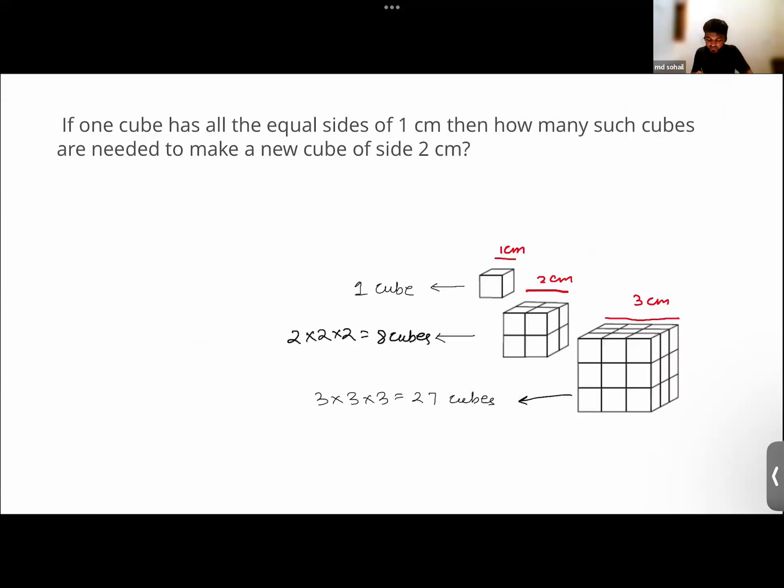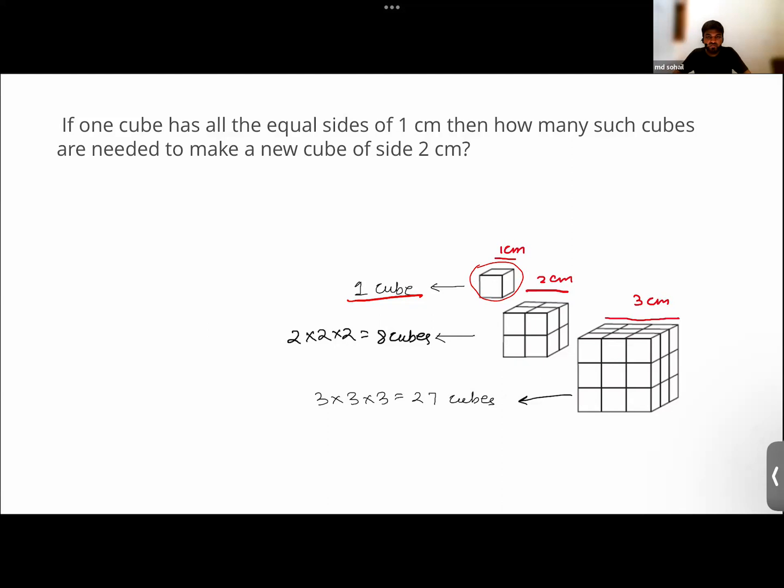In the first case, you are provided with one cube. Its sides are 1 centimeter. Suppose I need such a cube in which the side measures 2 centimeter. So in order to form such a cube, how many cubes, similar to this cube, do I require to form a cube in which each side measures 2 centimeter?